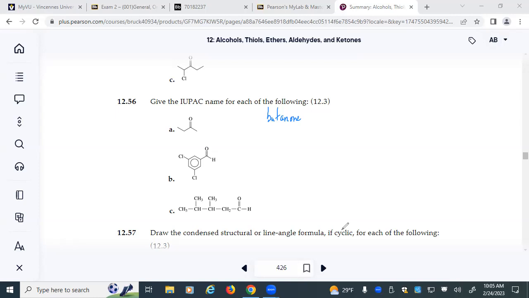If I have a cyclical hexene that's not benzene, I just call it cyclopentene, cyclopropene, cyclobutene, because that double bond is going to be in the ring, and the only place it can be is in positions 1 and 2. Can't be anywhere else. So in the case of butanone, we're done. That's it.